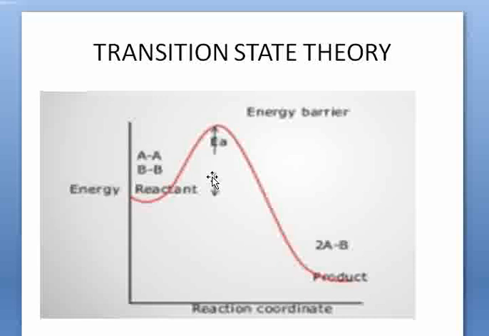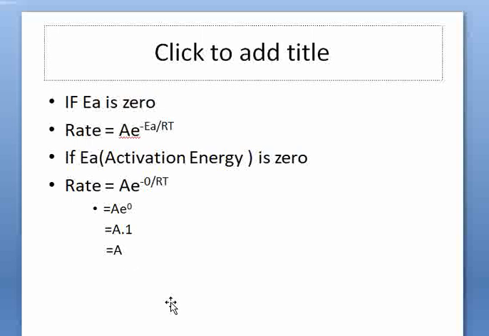We know from the Arrhenius equation, rate k = A e^(-Ea/RT), where A is the frequency factor.